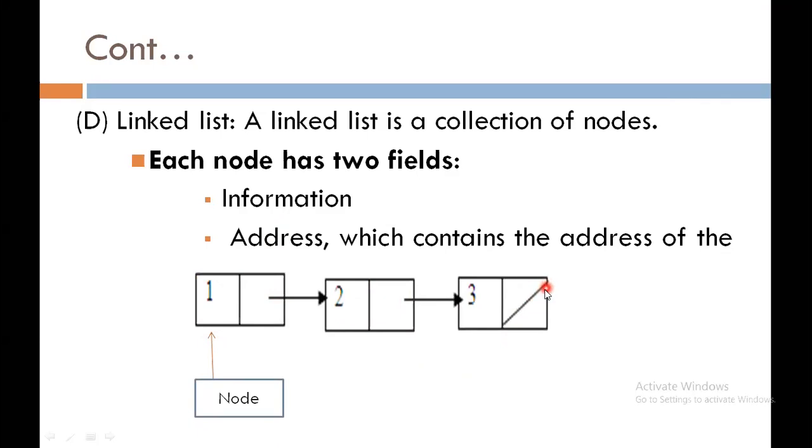So in the address part, there is no address, no data. So it is represented by null. Now here, the address part of the first node contains the address of this node. Now this address part contains the address of the next node, meaning this node. And this rectangle structure is called a node.